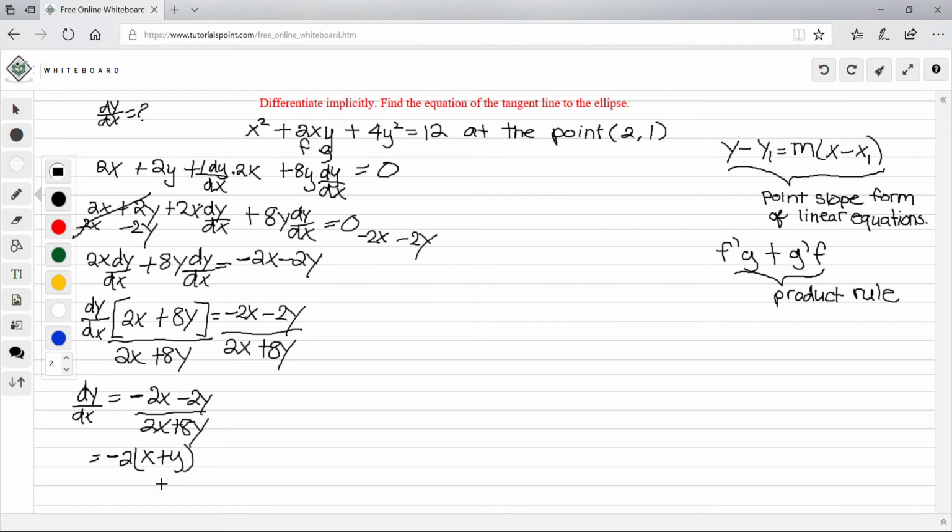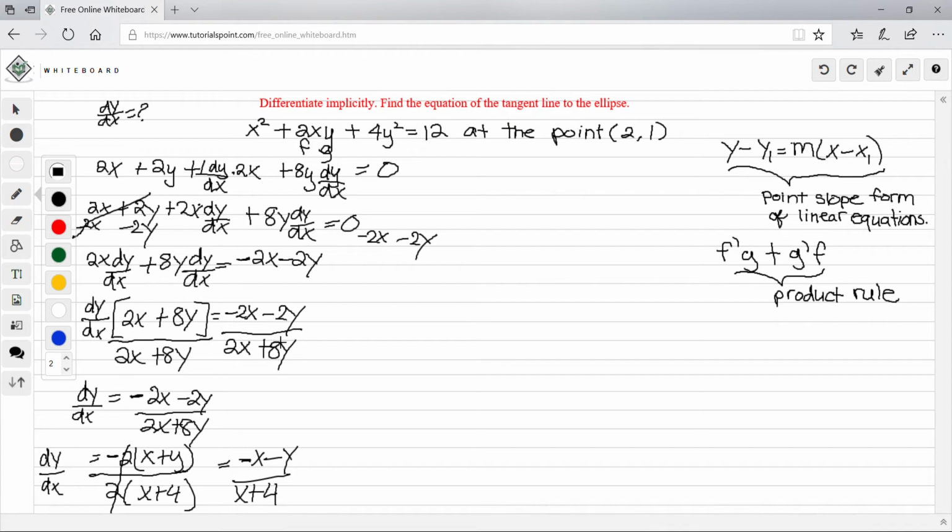And in the denominator, I could take out a 2, so that would be x plus 4y. Okay, so the 2's get cancelled, but we still have a negative on top. If we distribute that negative, you get negative x minus y over x plus 4y. Okay, so this is our dy/dx, but we're not done.